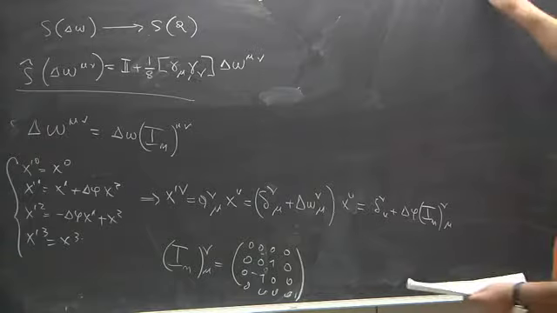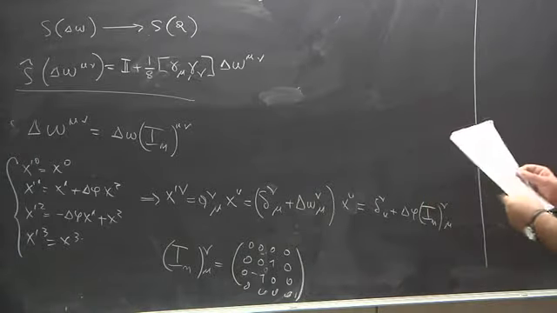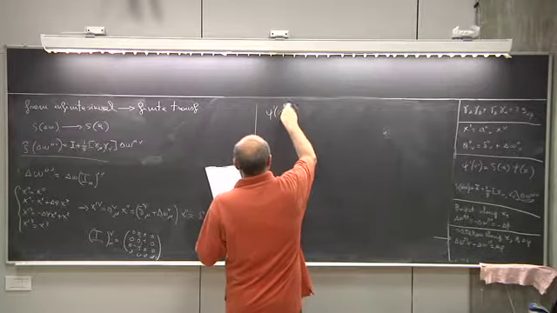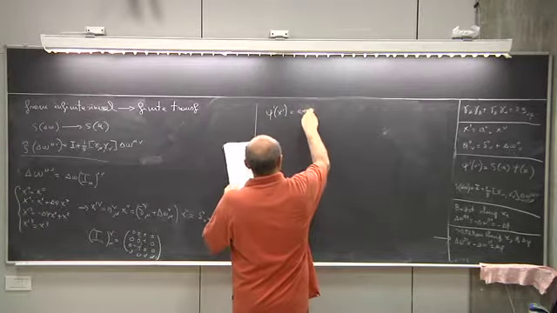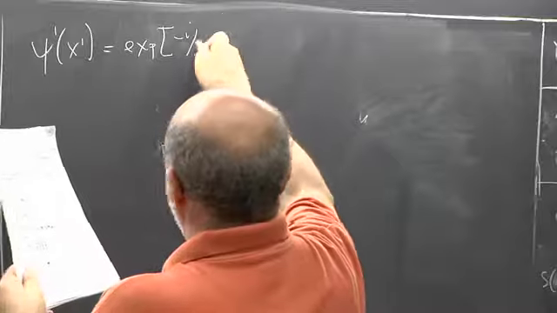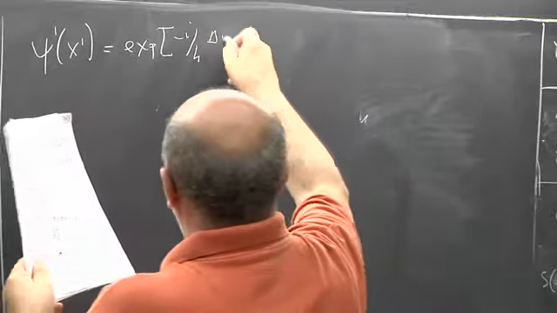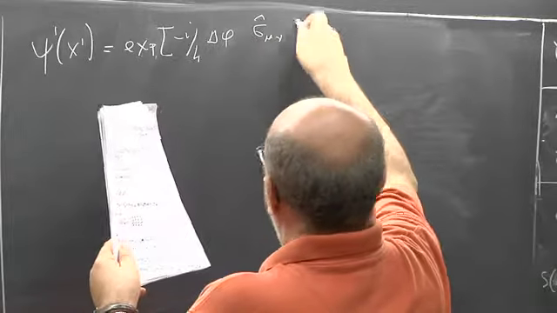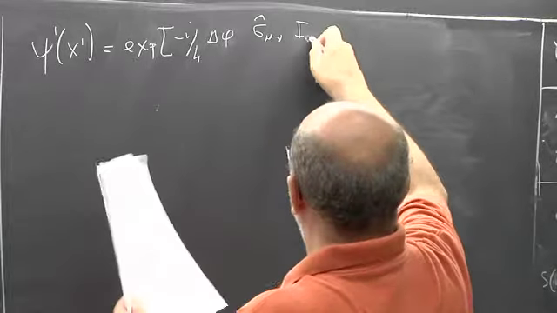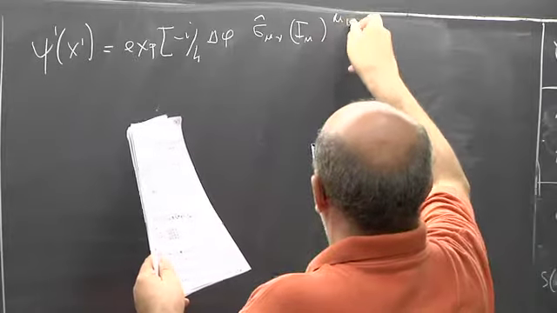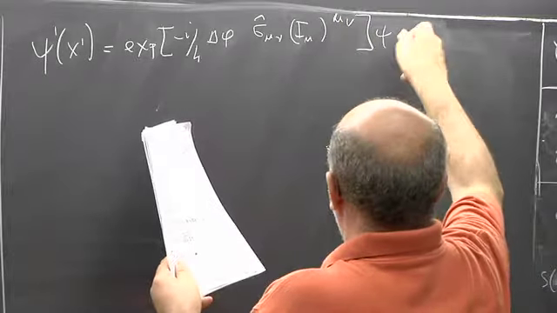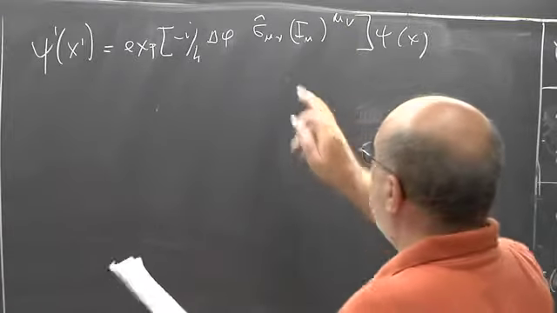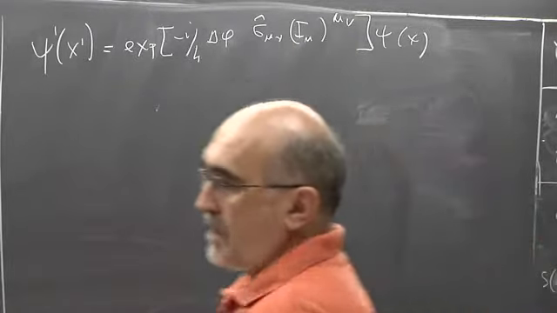Okay, now that we have the I_n, it's easy to see the transformation in Hilbert space. The transformation is exponential of minus i/4 δφ σ^{μν} I_n^{μν} acting on ψ(x). Which elements were different from 0?